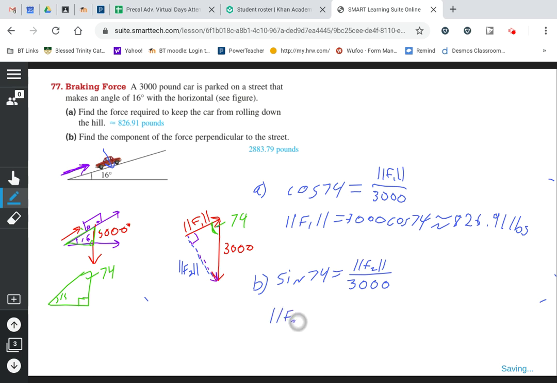So we see that F2 is equal to 3,000 times the sine of 74, which basically gives us 2883.79.